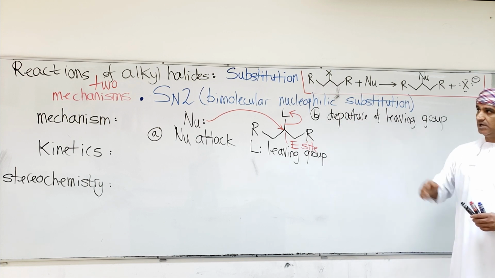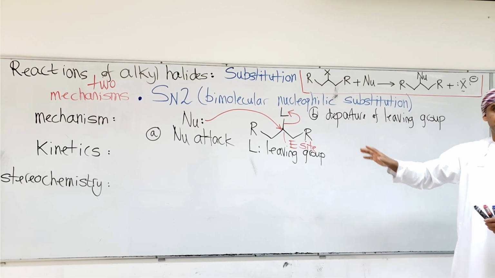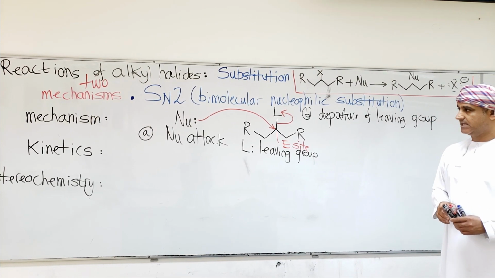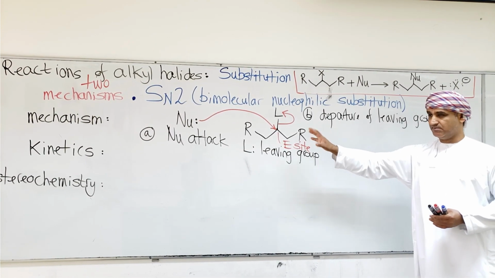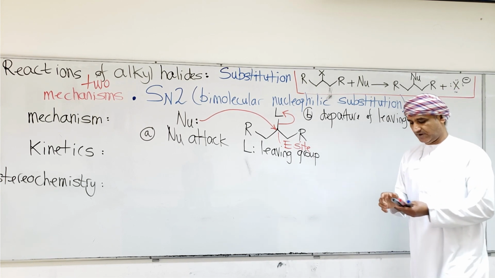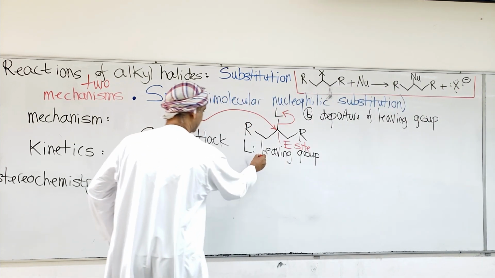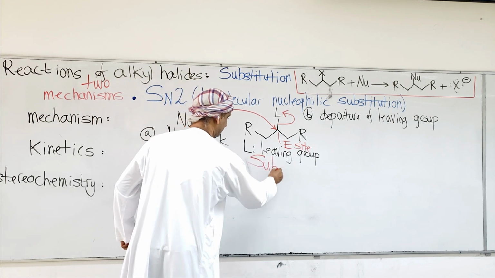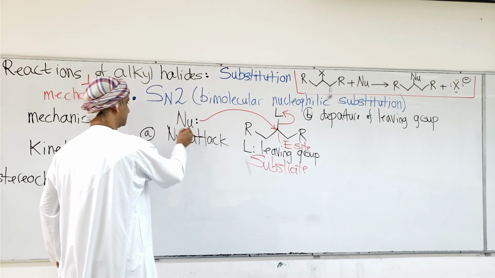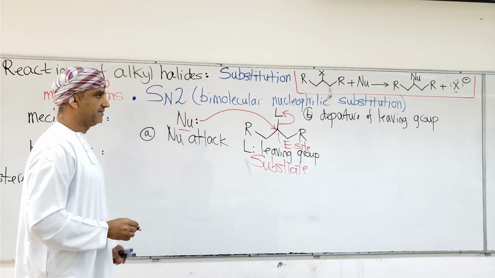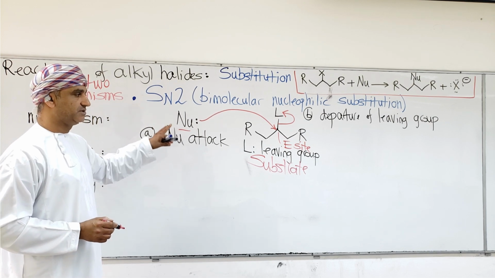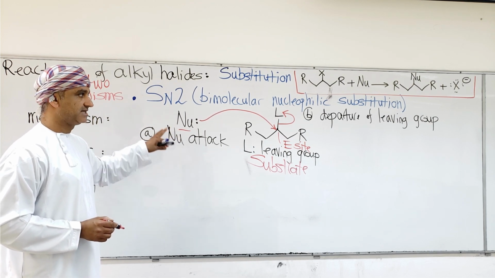It's SN2. S for substitution, once again, N for nucleophilic, and 2 for bimolecular, to indicate that the important reactants here are the nucleophile and also the substrate. This is the reacting substrate. Both are important, the substrate and the nucleophile, and that's why it's described as 2 if the two steps take place at the same time.